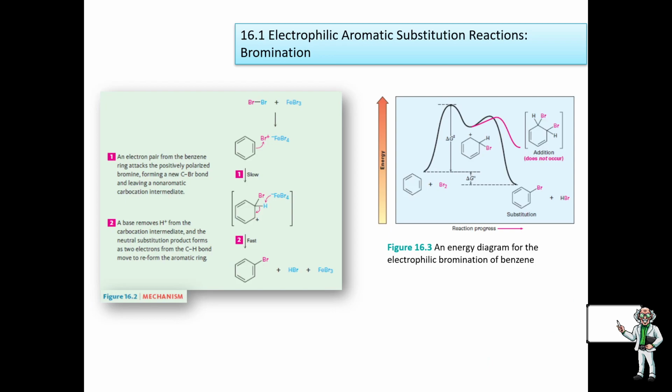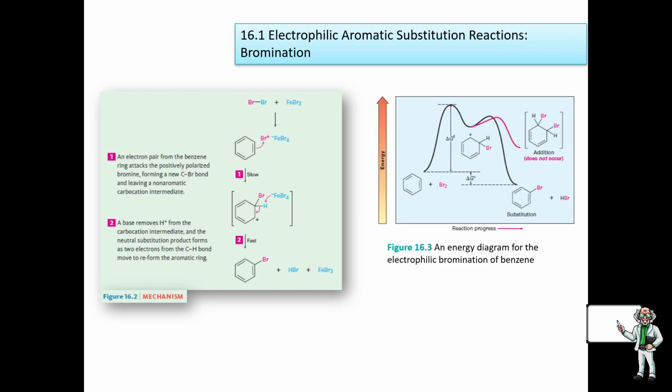When we have the carbocation, here is how the addition to double bonds and the addition to aromatic rings differ. Basically, in aromatic rings, the best continuation is regaining the aromaticity.